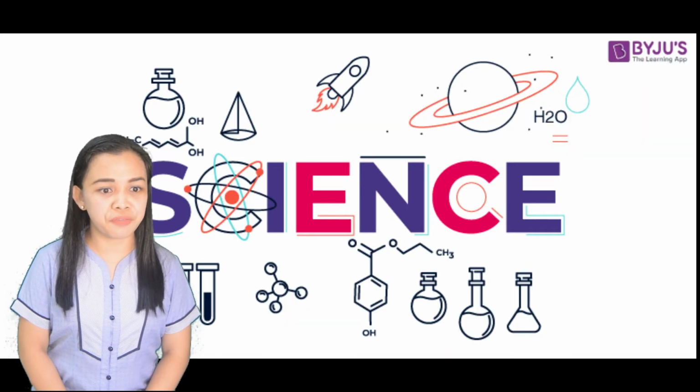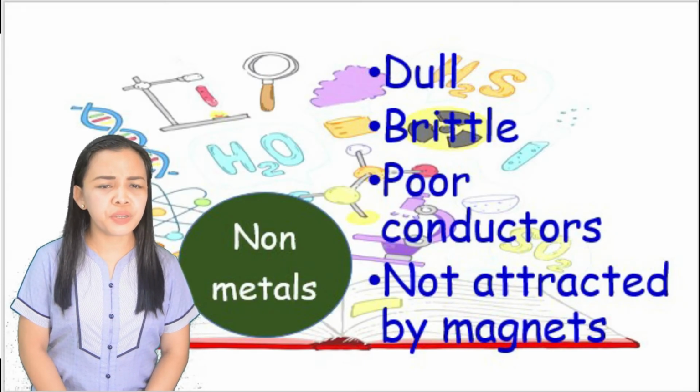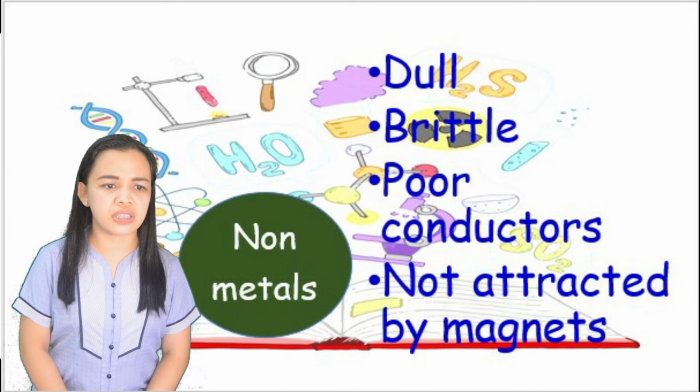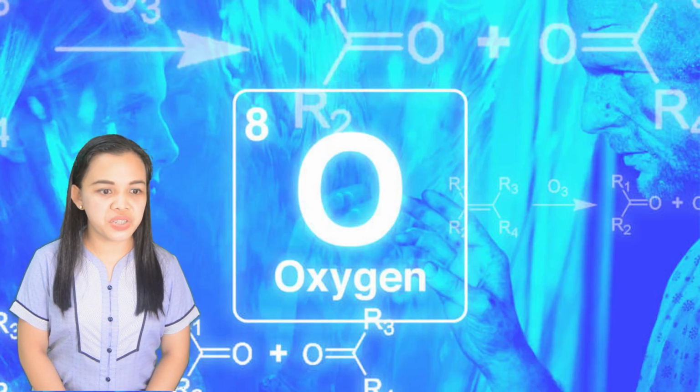Now, let us define the non-metals. Non-metals are dull, brittle, poor conductors of heat and electricity, and they are not attracted by magnets. What are the examples of non-metals? We have oxygen.